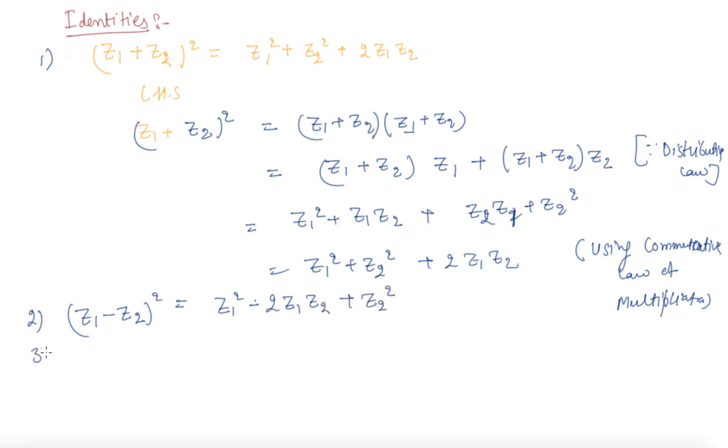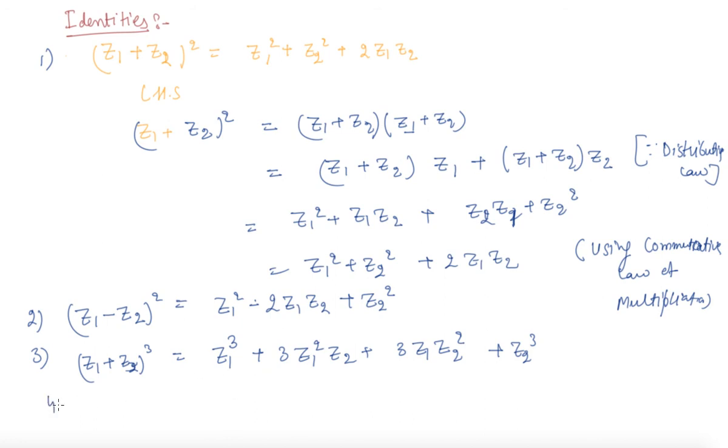The third identity is z1 plus z2 whole cube, which is, so these are the same identities as for other real numbers, z1 cube plus 3 times z1 square z2 plus 3 times z1 z2 square plus z2 cube. So students, there are more identities based on these.